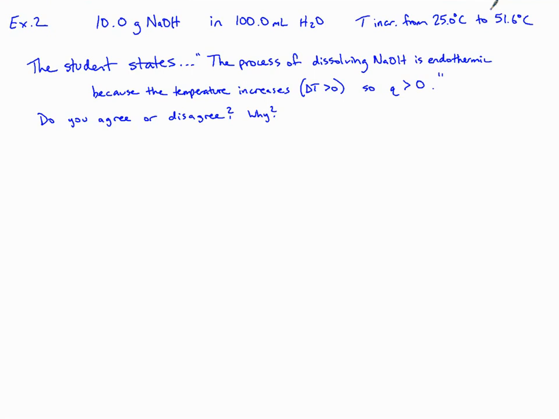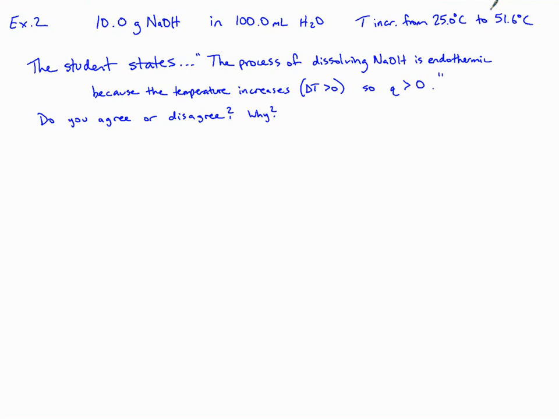So the student states, the process of dissolving sodium hydroxide is endothermic because the temperature increases, so Q is greater than 0. So it says, do you agree or disagree? Why? Here's where the notes version is a little bit different because the AP question would stop after the why or explain.